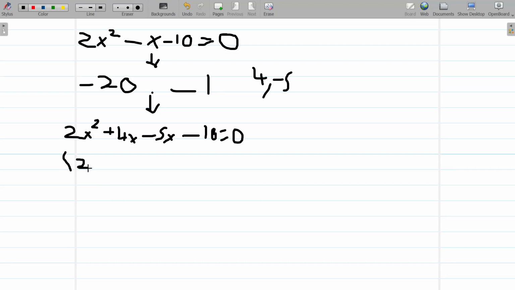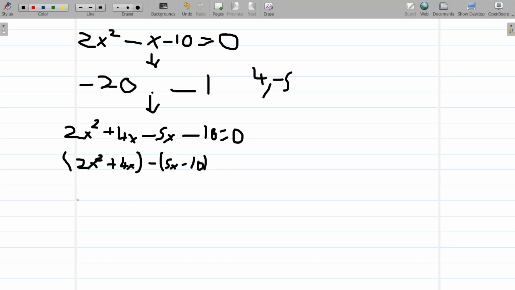So it's 2x squared plus 4x, end bracket, minus, and then the second part, which is obviously 5x, minus 10. We'll leave the equals 0 for now, we just need to remember to write it at the end.